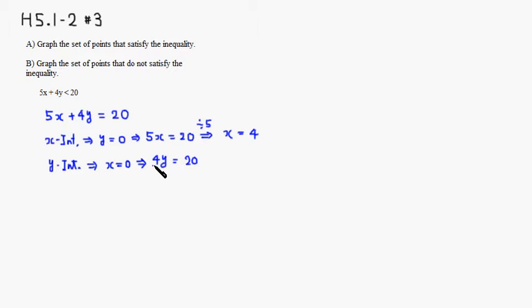We need to get rid of the 4 to isolate y, so I'm going to divide through by 4. That gives us y equals 20 divided by 4, which is 5. So the x-intercept is 4 and the y-intercept is 5.